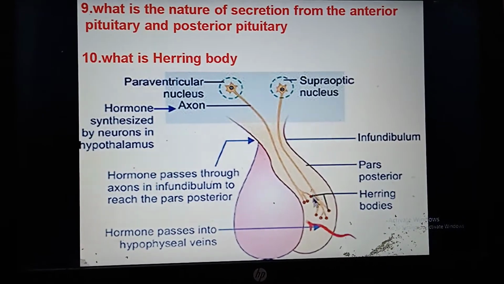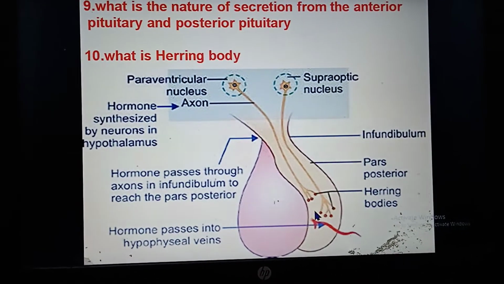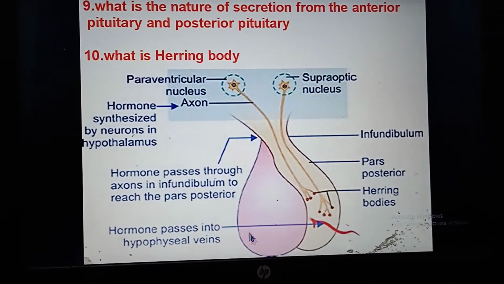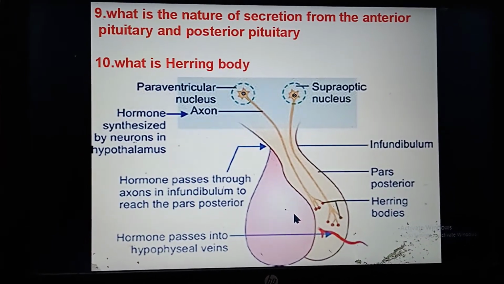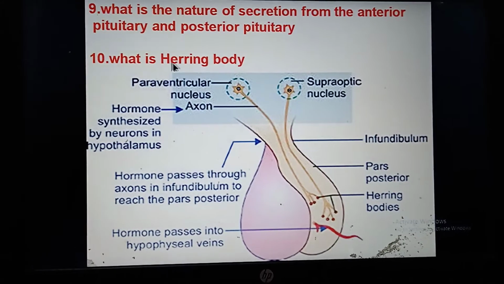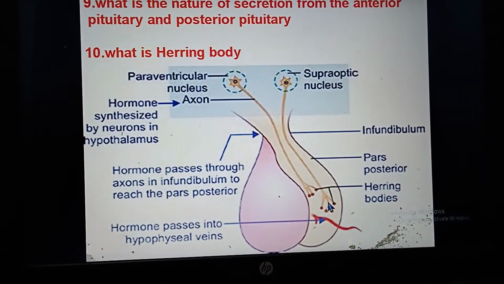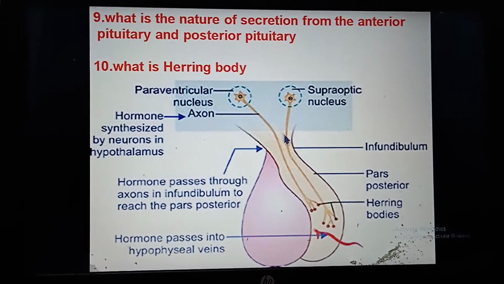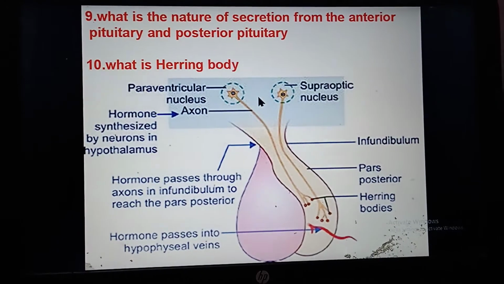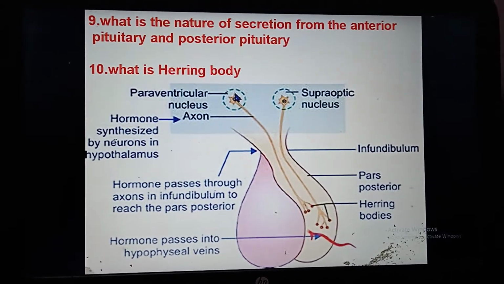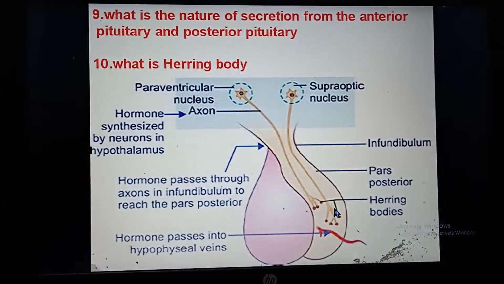It has got preformed hormone enclosed within the Herring body, whereas secretion of the anterior pituitary is under the effect of inhibiting hormone and releasing hormone. What is Herring body? It is nothing but the swollen terminal button of the hypothalamohypophyseal tract, which starts from the hypothalamus and ends at the hypophysis, that is the pituitary.